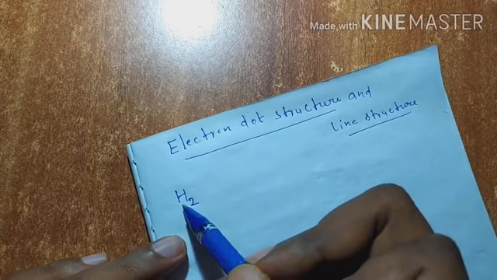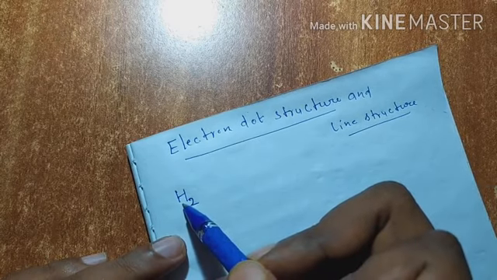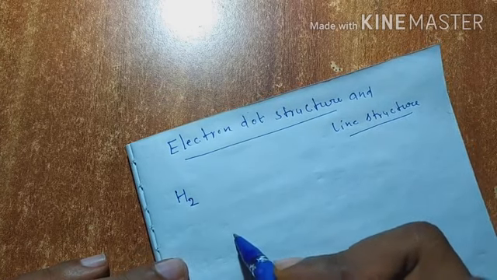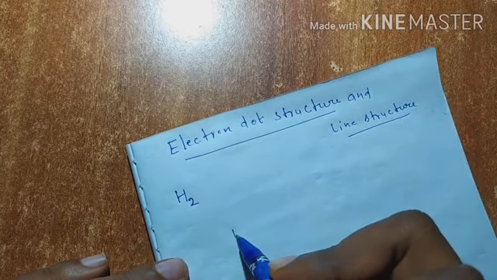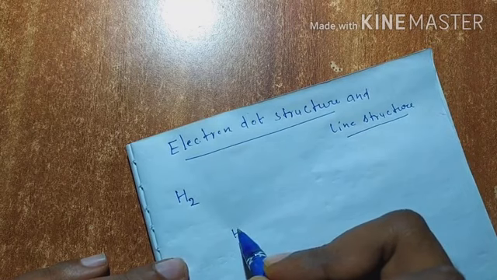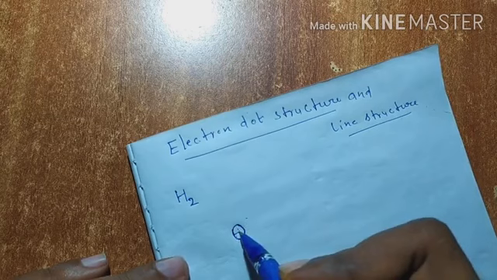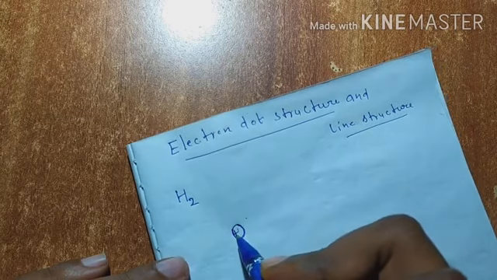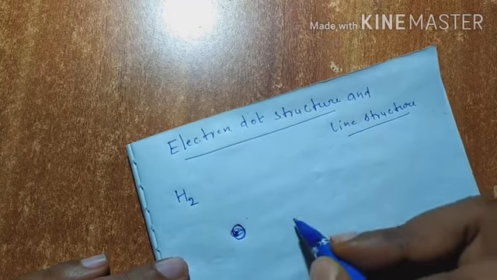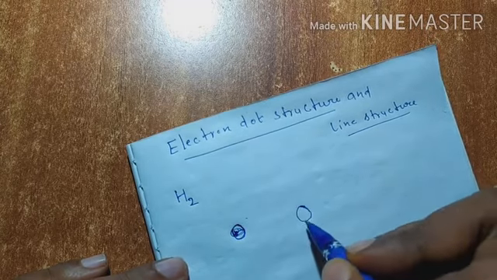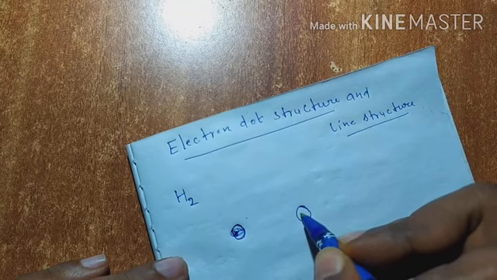There are 2 hydrogen atoms, right? This is the nucleus of hydrogen. This is the hydrogen atom. Don't write here. This is the nucleus of the hydrogen atom. Here will be protons.